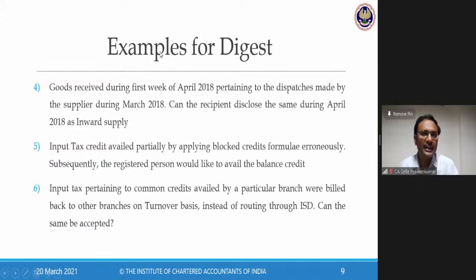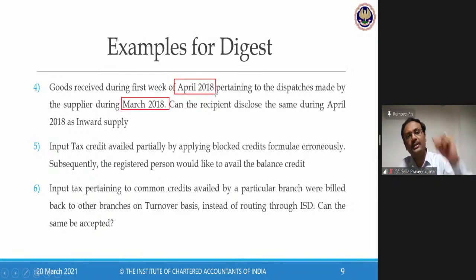The same way for purchases, you have something called goods in transit. What if my supplier has dispatched the goods in the month of March and those goods have reached my factory in April? Should I account that as a credit in the month of March itself, or should I wait till the month of April?